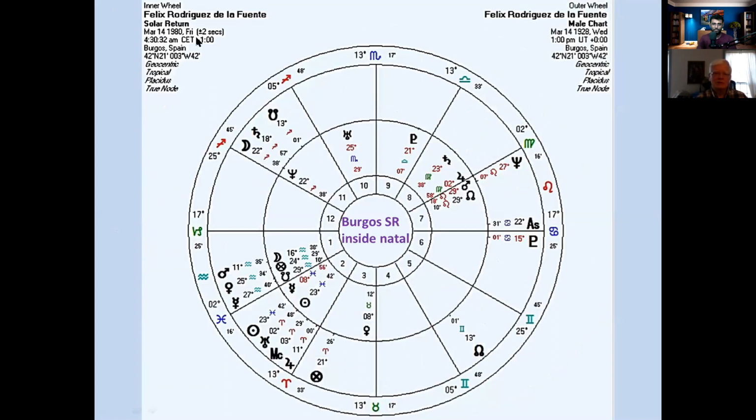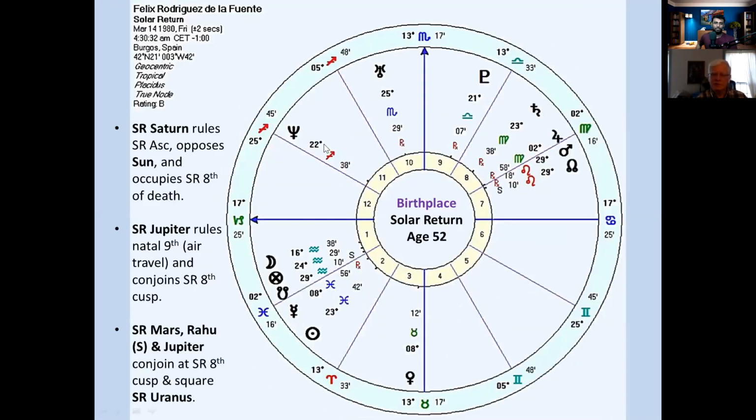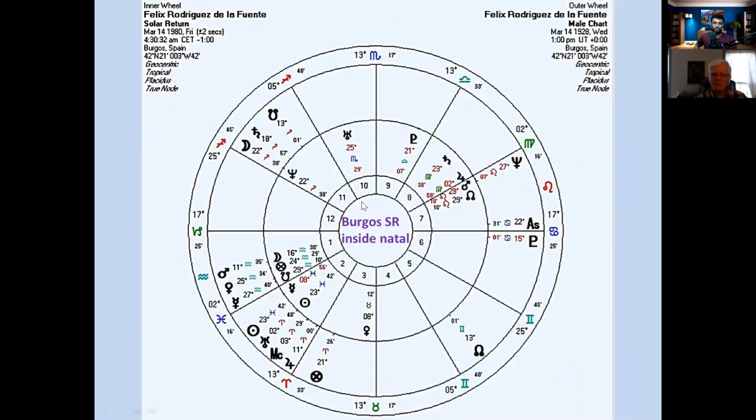Here's his solar return inside in the birthplace, and here's his natal chart outside. So what I did is I simply took the previous chart and put his birth planets around it. And so here we see at birth he has an ascendant Pluto conjunction, and here it's right on the seventh cusp opposing the ascendant.